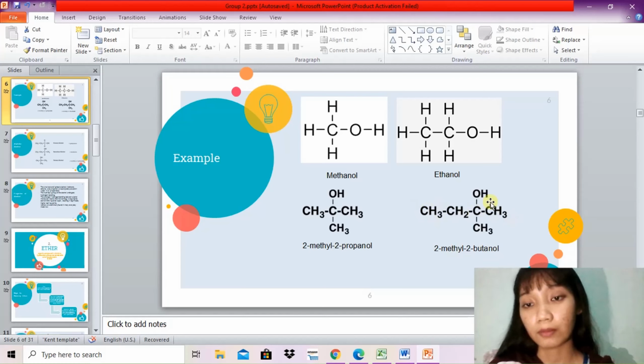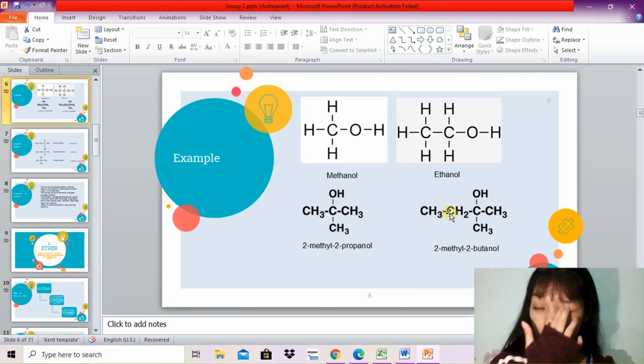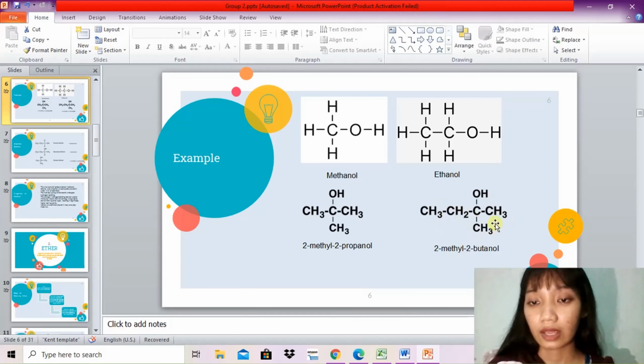Then we get a butanol. So this is the chain, right? It comes in the C number 2, so we can write here 2-methyl, and because the OH is bonded to C number 2 from the least number, it becomes 2-methyl 2-butanol.